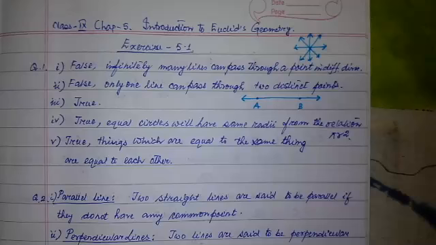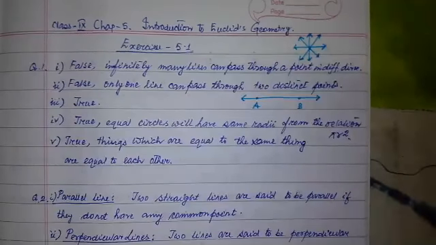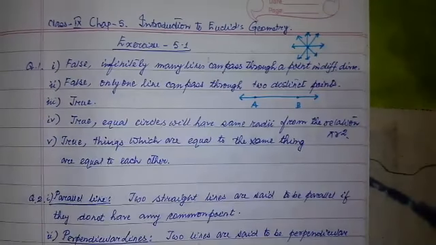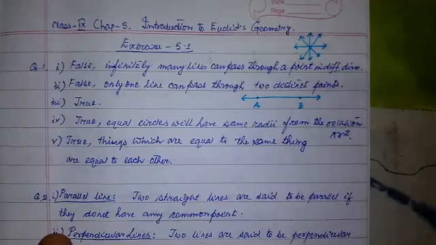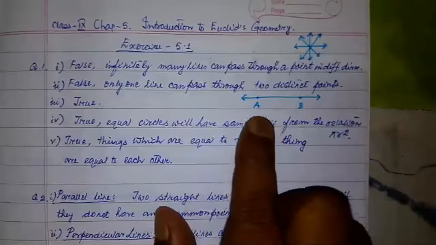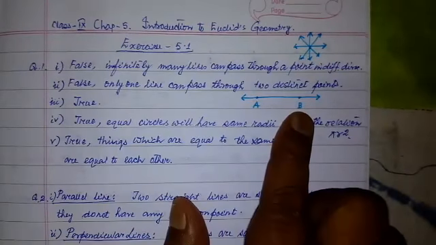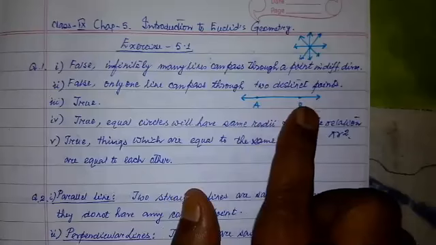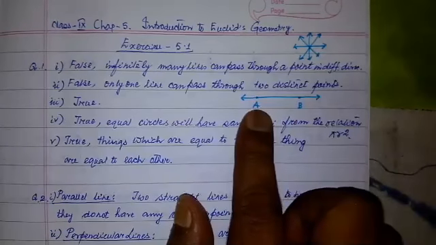Now the third statement. A terminated line can be produced indefinitely on both the sides. It is true. If we consider only AB, then this is called a line segment.